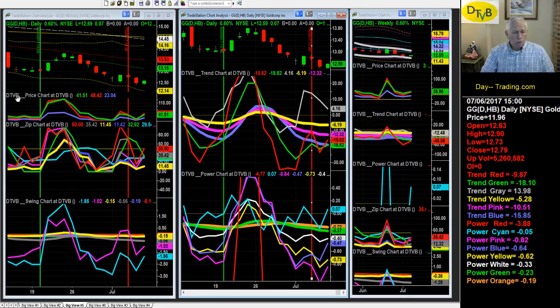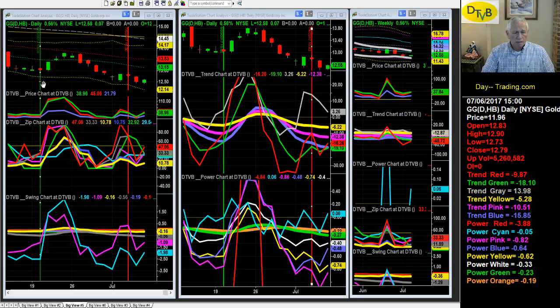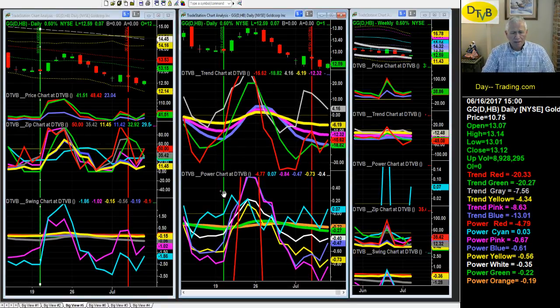In the green vertical line over here, you're looking at what you got in the trend chart over here, and you're looking at what you got in the power chart over here, because on the power chart on the green line, I forgot to do this. Let me do the power chart first. On the power chart, you have Zion above the power orange and the power 4 under the power orange.